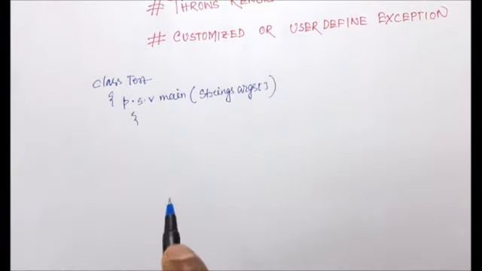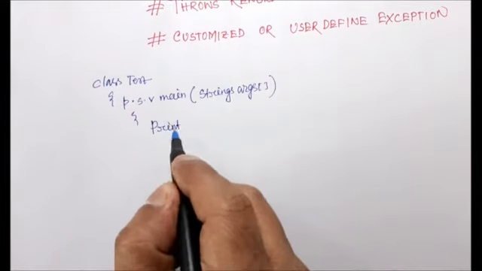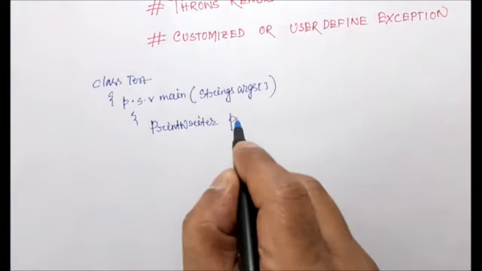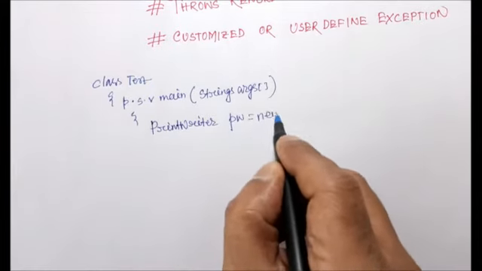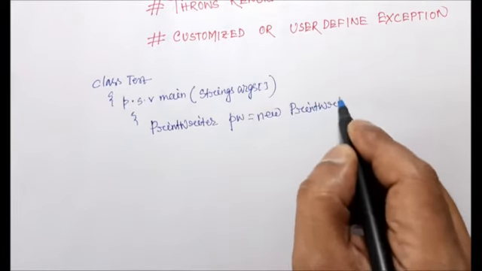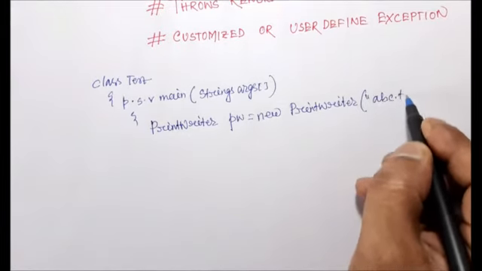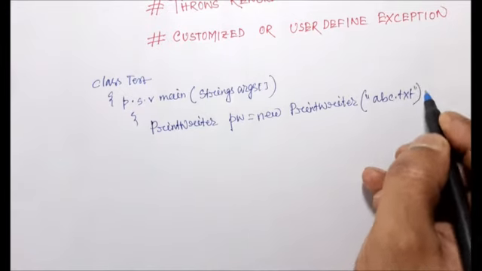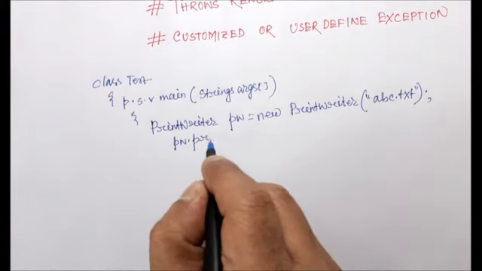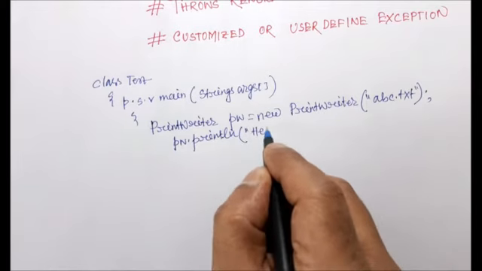I am going to create a PrintWriter object, the name of the object is pw, new PrintWriter, passing the argument abc.txt. Then I want to print pw.println, hello in this file.